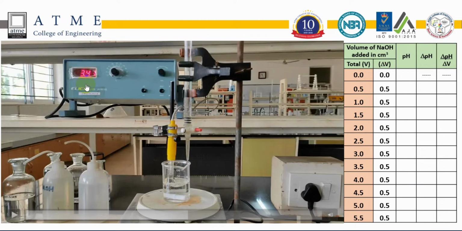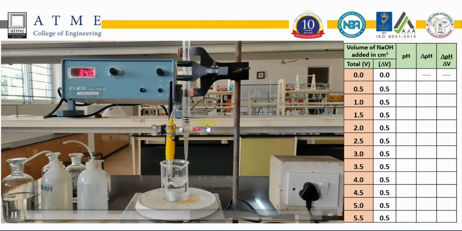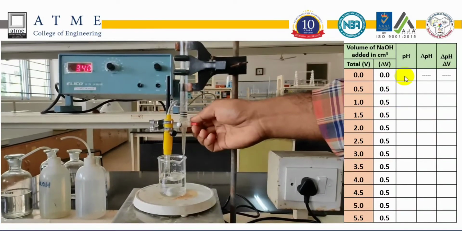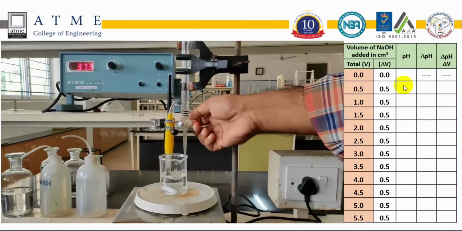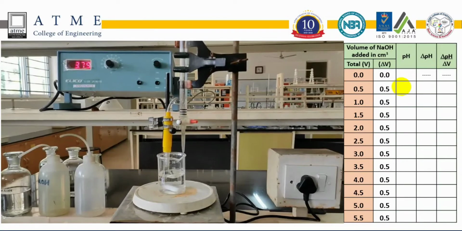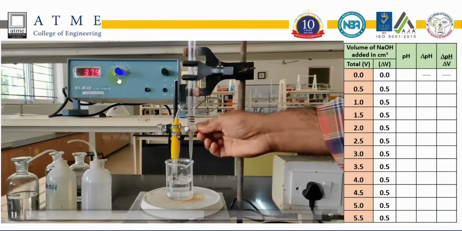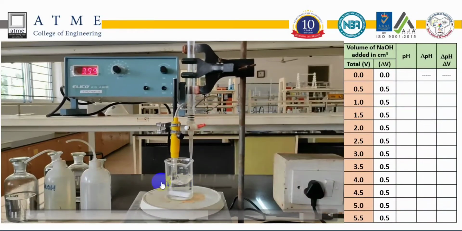As a result, the pH increases. After each addition of 0.5 increments of NaOH, note down the pH values. After each addition, you may see the pH is increasing. This increase is due to the neutralization of acetic acid.